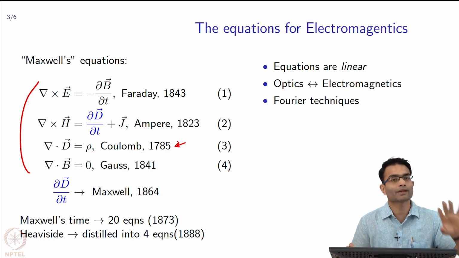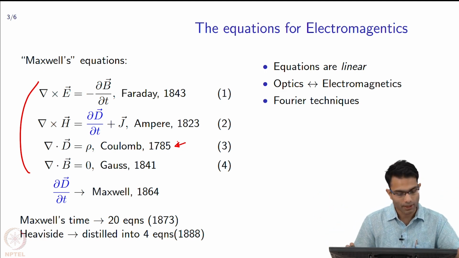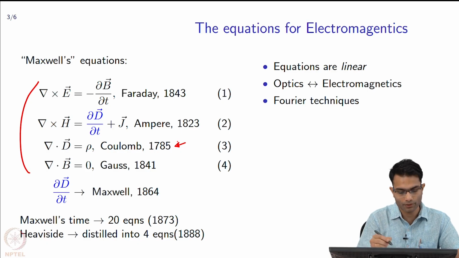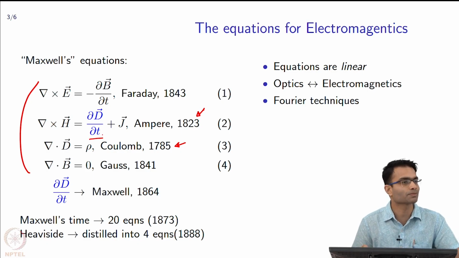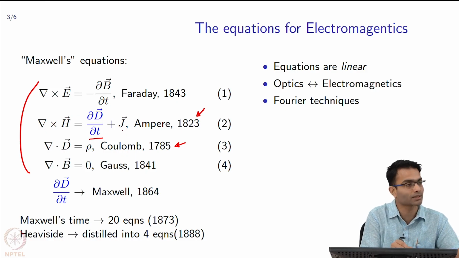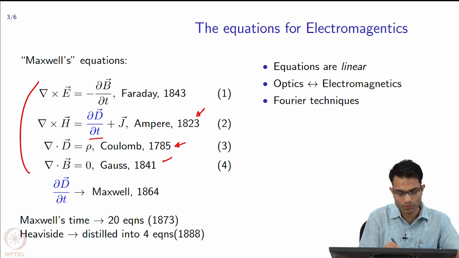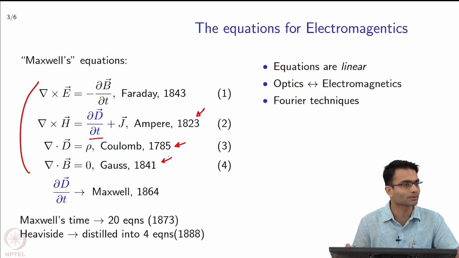And at that time, electricity and magnetism were thought to be 2 different things, right? Then comes along the work of Ampere without the displacement current term. So Ampere had this del cross H equals J term, and that was Ampere's circuital law, right? So for 1823, that's what was known. Then you move forward, Gauss began to study magnetism, so we had the del dot B equal to 0 equation.